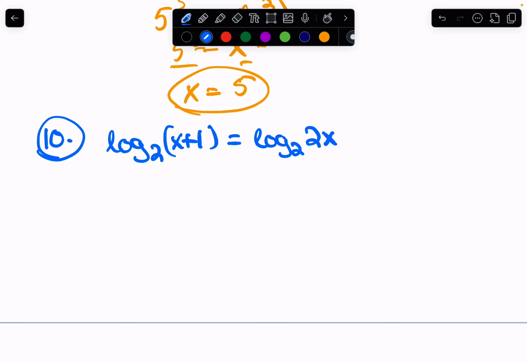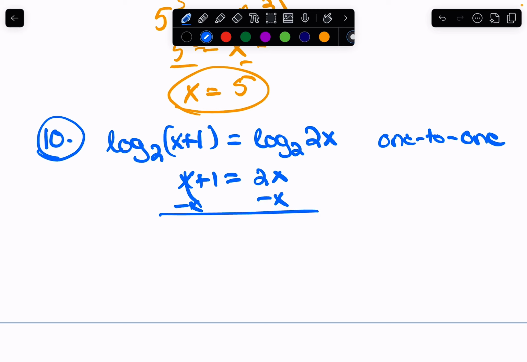And so what we can do is use the one-to-one property and set the arguments equal. Now I'm going to subtract x, and we get 1 equals x. And that's it. That one was pretty easy compared to the other ones.